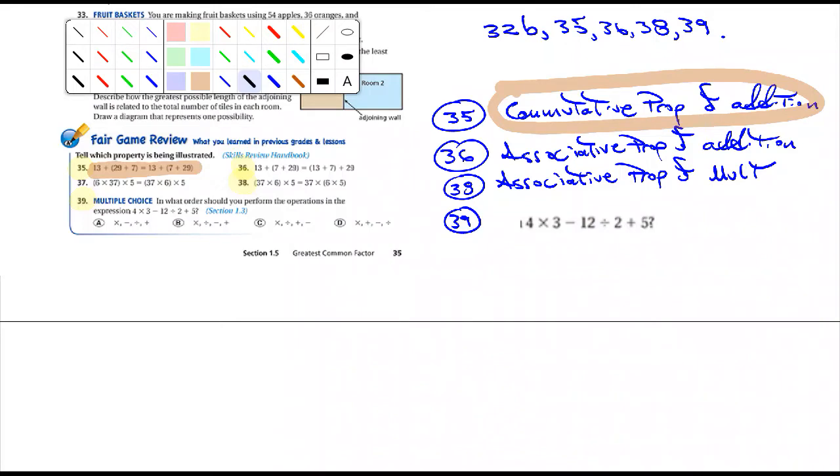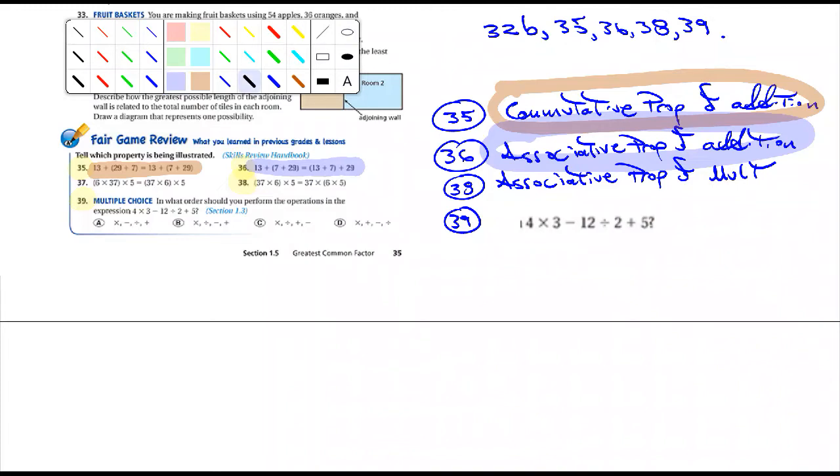36, associative property of addition. This is the one we're talking about right here, 36. The associative property of addition is similar to the commutative property, but here they're talking about grouping. With the associative property, you can change the grouping of the symbols, and it doesn't change the value.